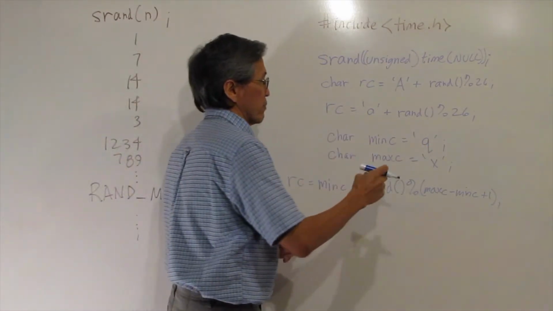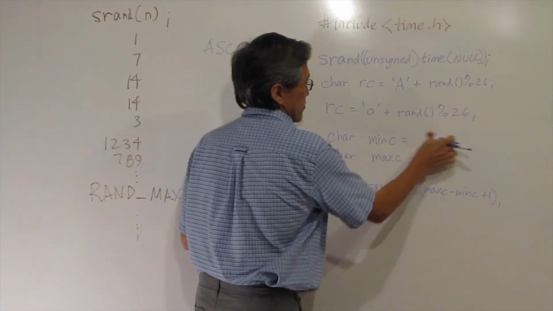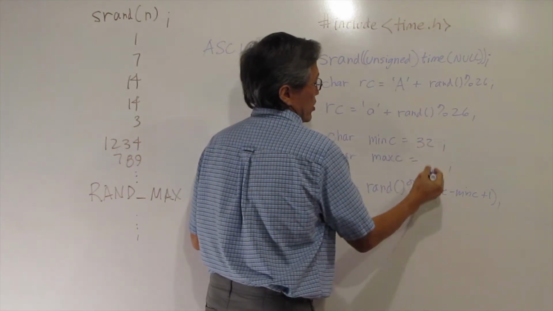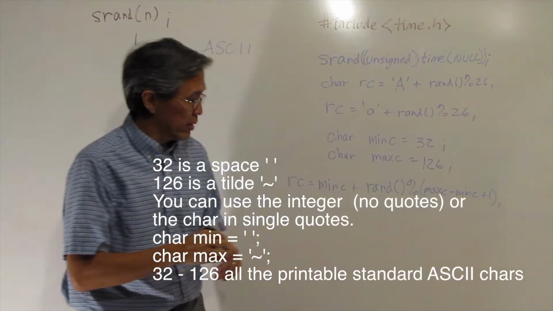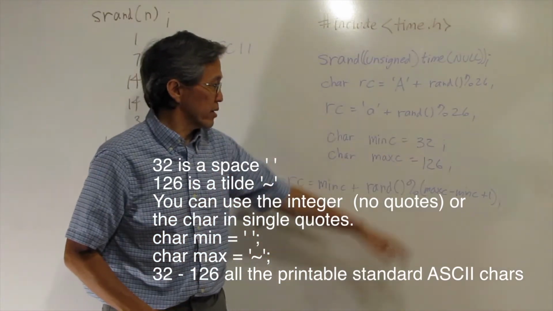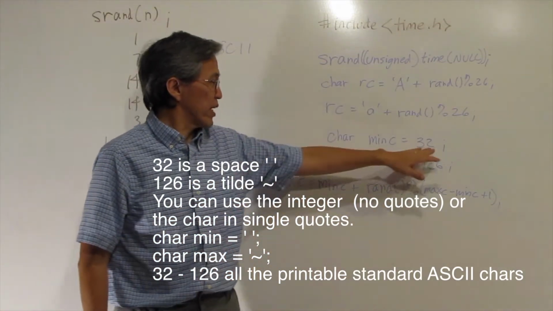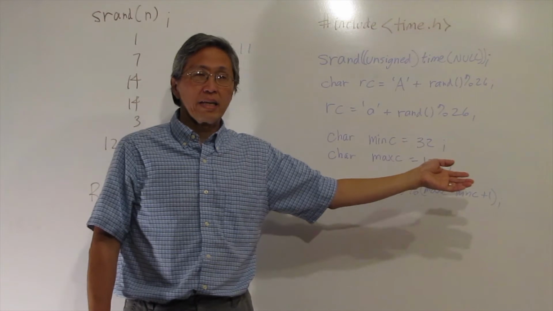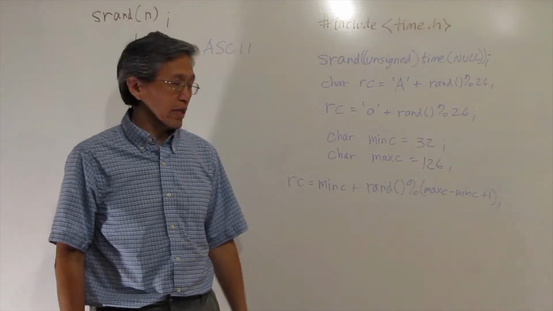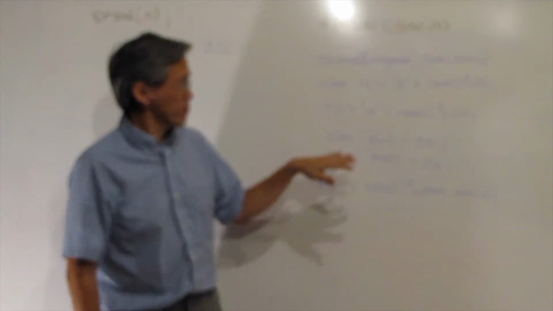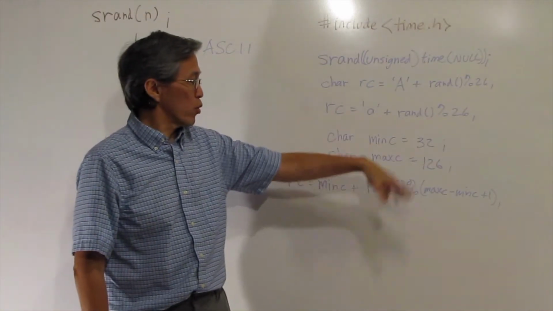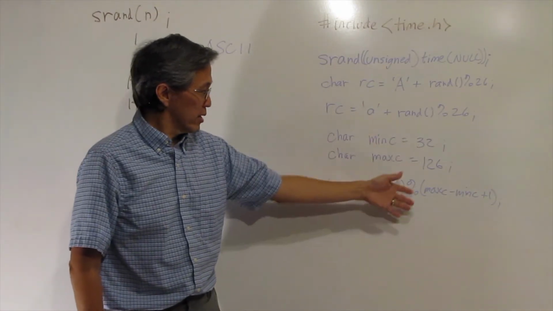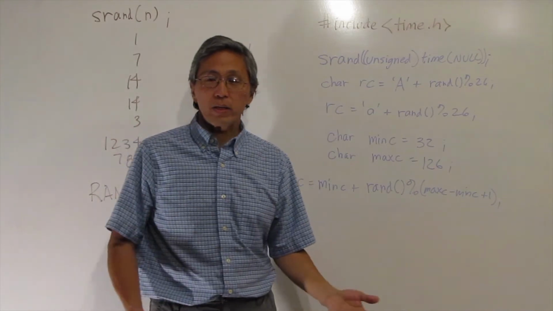If I did 32 to 126, I could get pretty much all the printable characters in the non-extended character set. That's kind of neat. So try it out, print out those characters, and try this same exact formula here and see what kind of cool stuff you get.